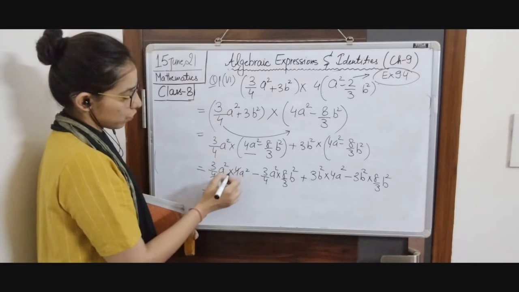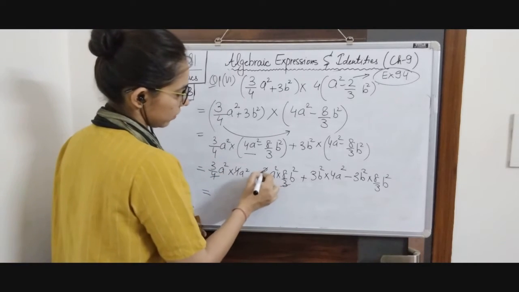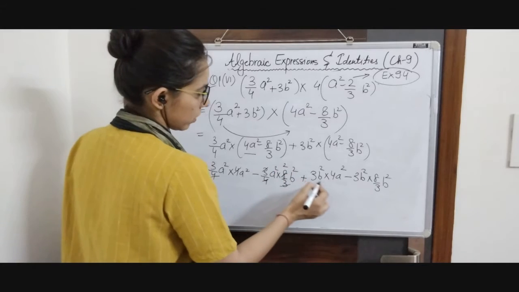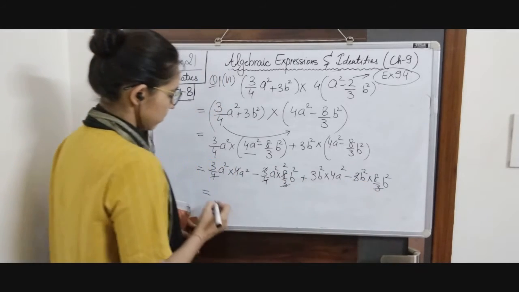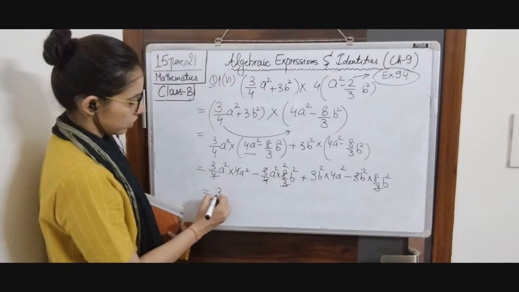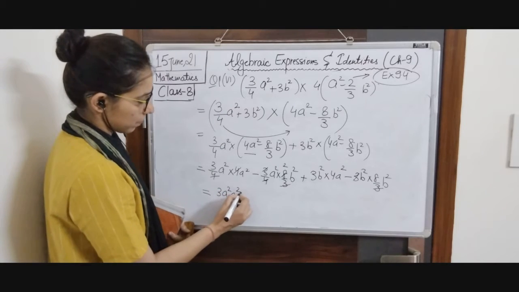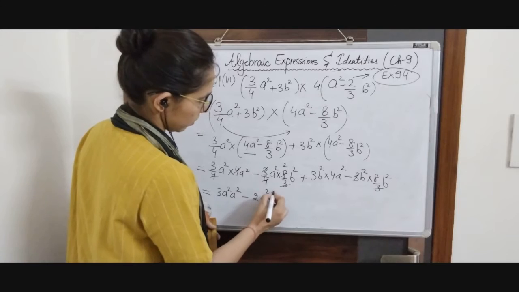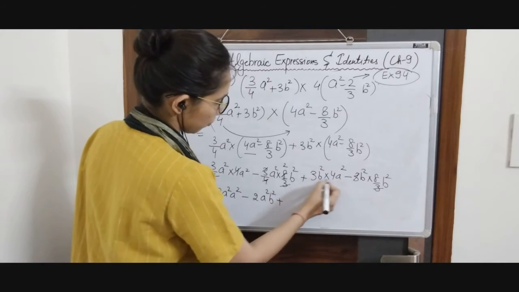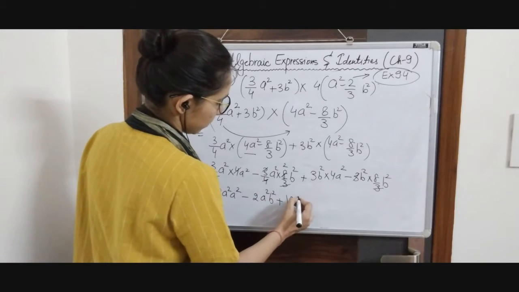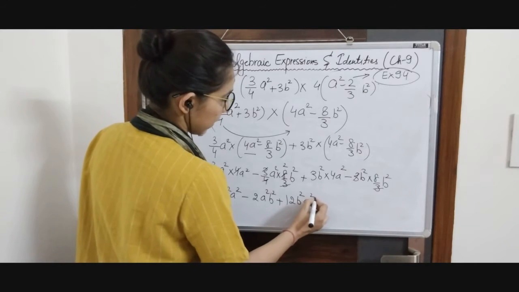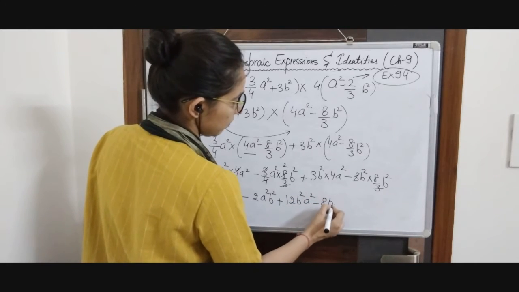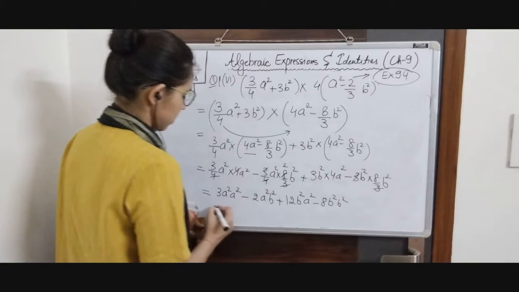We can cancel this 4 with this 3 with this 2 and this 3 with this. We are left with 3a square minus 2a square b square plus 4 3s are 12b square a square and minus 8b square b square.